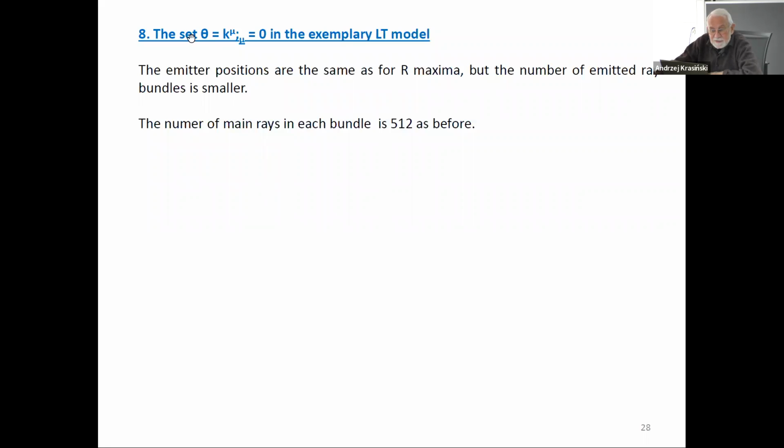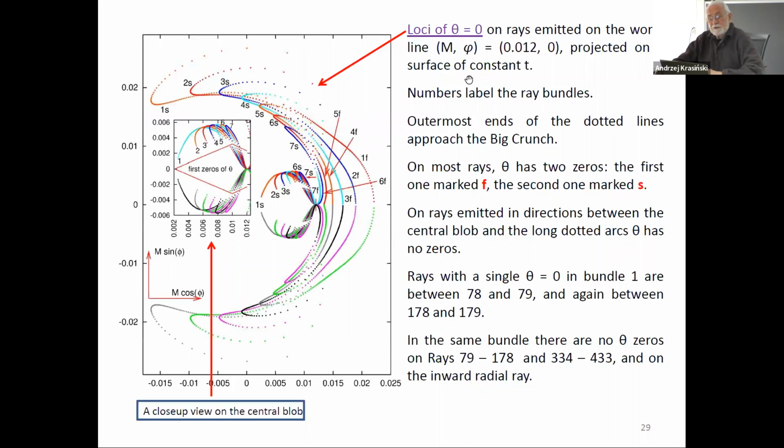Now let's discuss the location of the set of theta equal to 0 in the same explicit Lemaitre-Tolman model that I discussed previously. The emitter positions will be the same as for the R maxima, but the number of emitted ray bundles will be smaller to make the pictures clearer, and the number of rays in each bundle will still be 512.